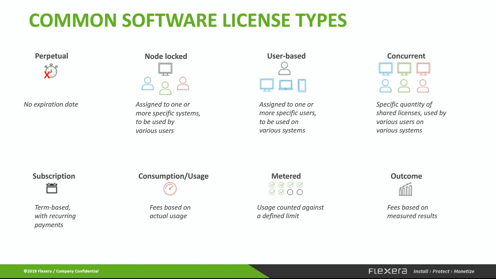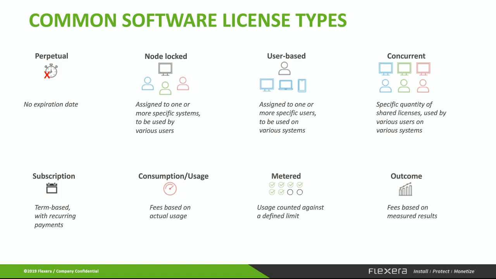Consumption or usage-based licenses are based on actual usage. So in a manufacturing environment, for example, it might be the number of operations performed by a particular machine over some period of time. Customers like that, obviously, end users like it because they're paying only for what they actually use. A metered license means that we are counting the use of the software against some defined limit.